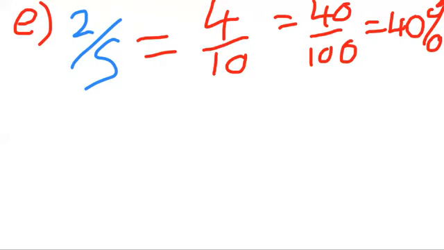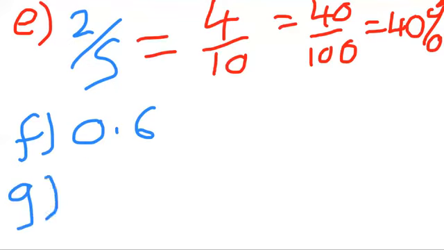Another question. We want to convert 0.6 and 0.25. Let us go to F, 0.6, and then G, 0.25.